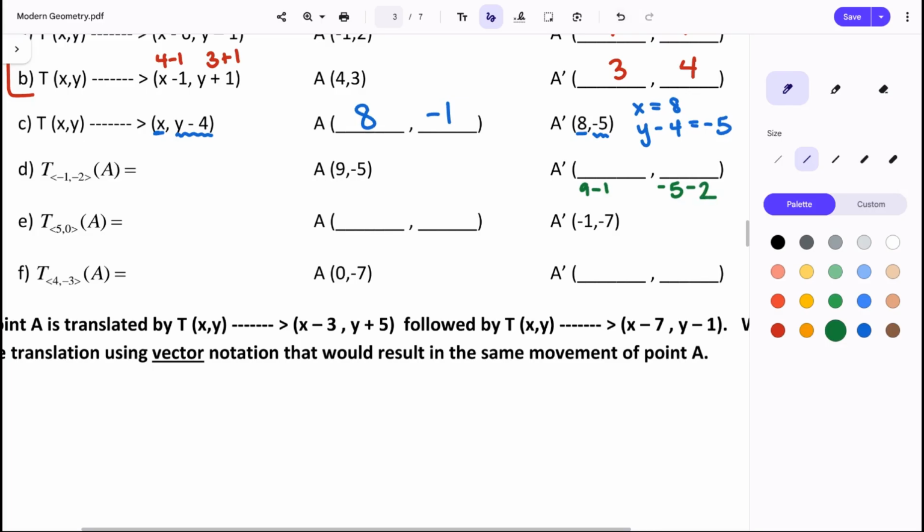Okay, so what do you get for answers? Good, 8 and negative 7. Let's jump down to F, because F is the same as that. If you plug in your point 0 and negative 7, if you work with the vector there, what are you going to get?